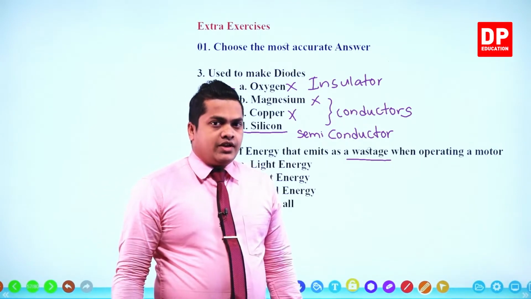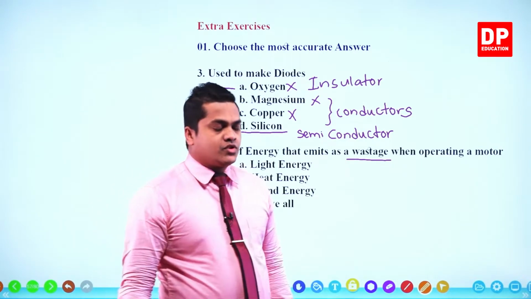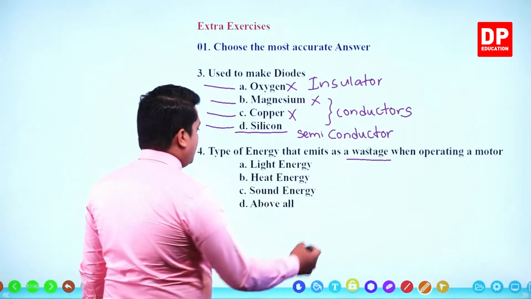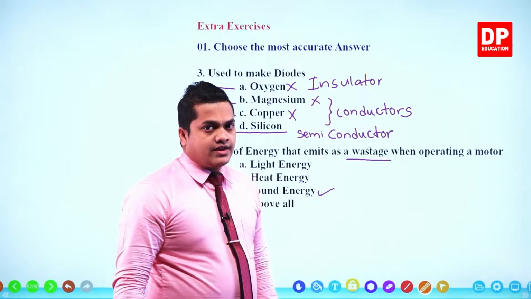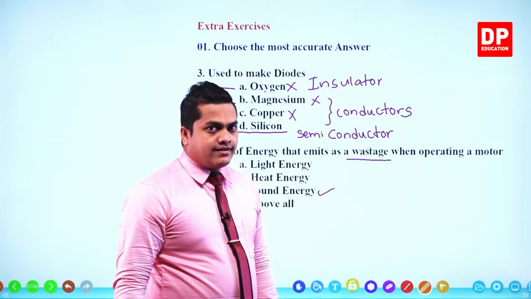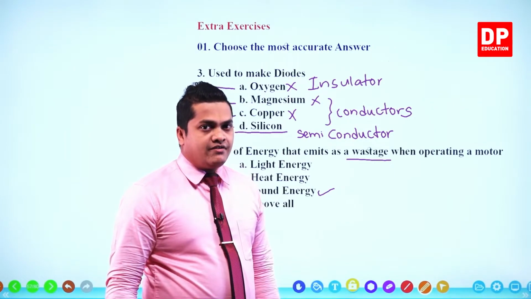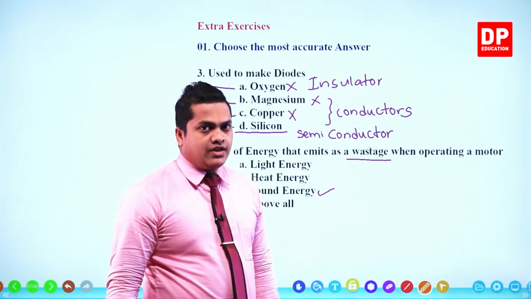When a motor is rotating, you know that sound is emitted. So sound is a wastage of energy because we are not going to utilize that sound. As you know, each and every conductor carries some amount of resistance. Therefore, each and every electrical appliance is going to emit heat energy.